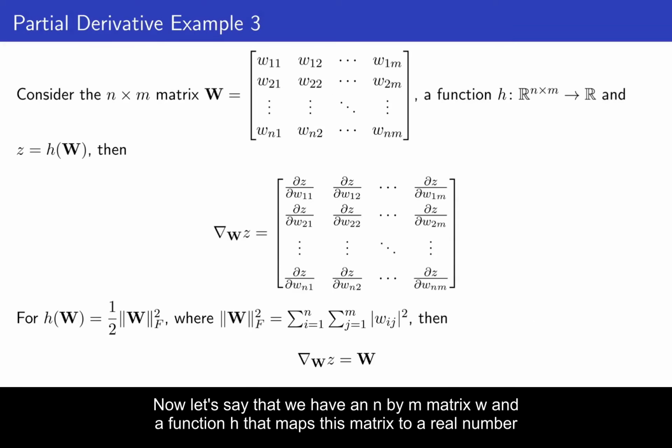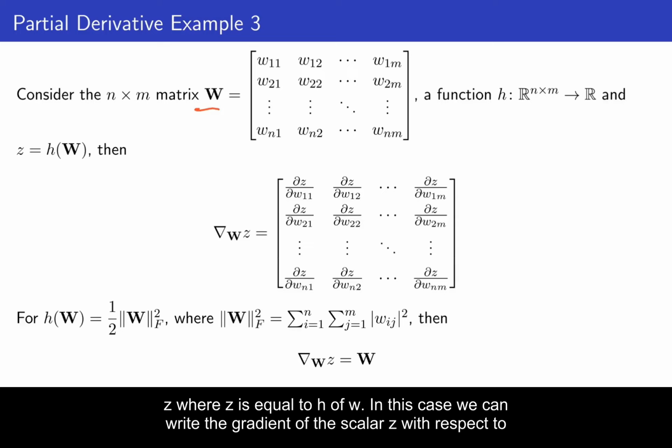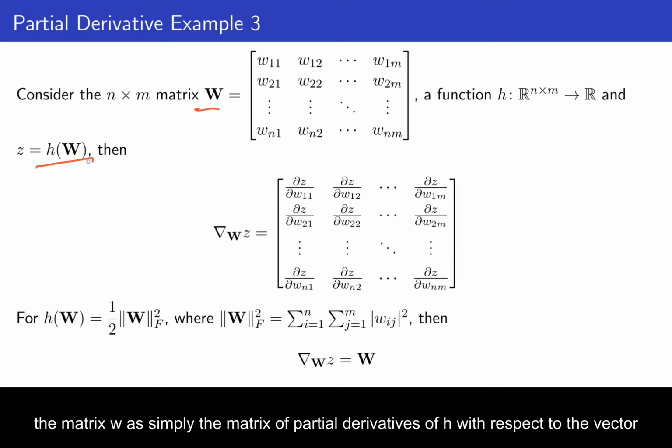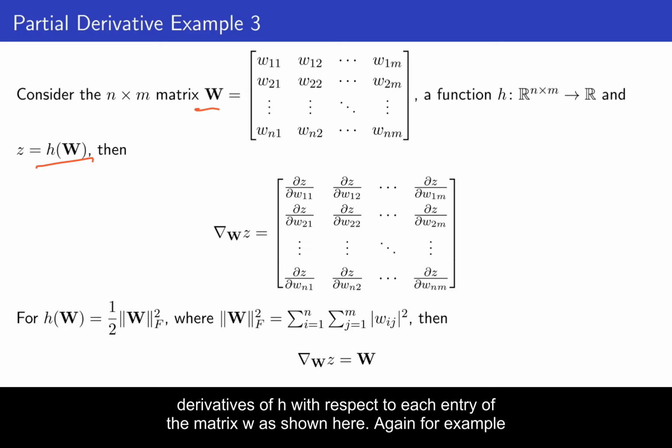Now let's say that we have an n by m matrix W and a function h that maps this matrix to a real number z, where z is equal to h of W. In this case, we can write the gradient of the scalar z with respect to the matrix W as simply the matrix of partial derivatives of h with respect to each entry of the matrix W, as shown here.